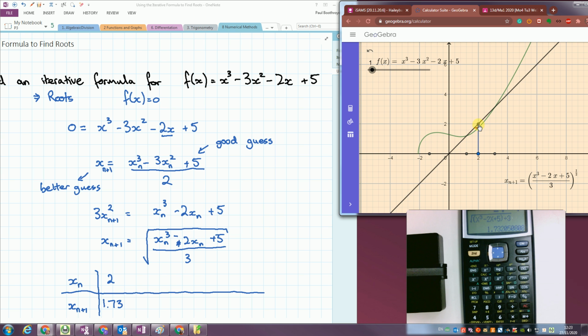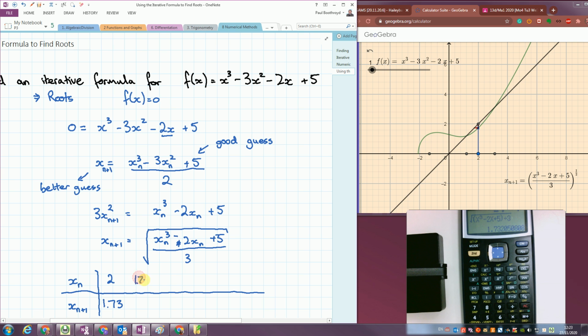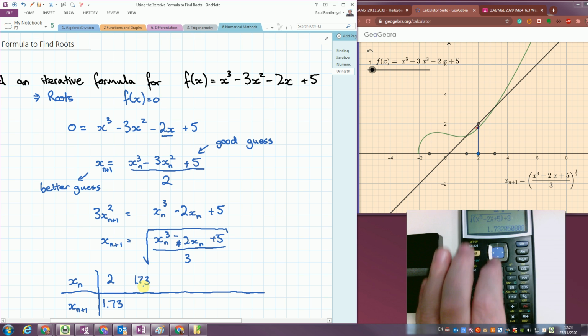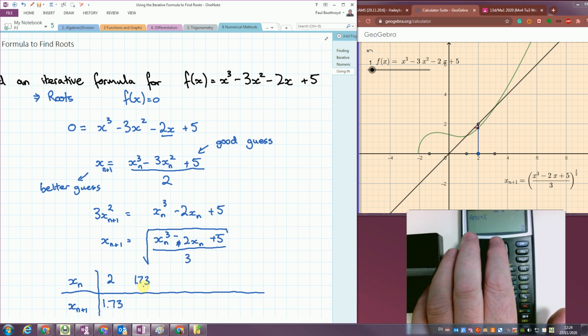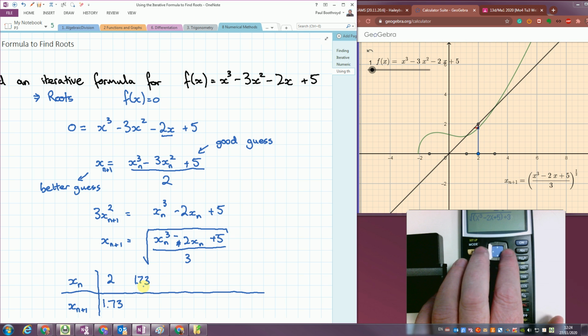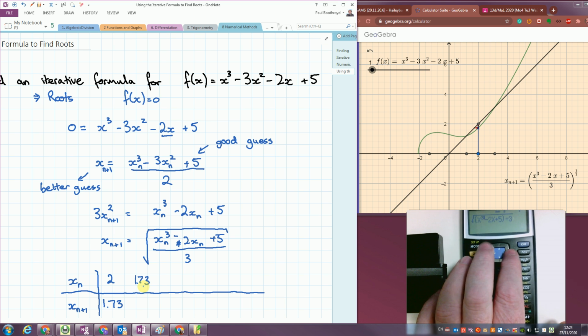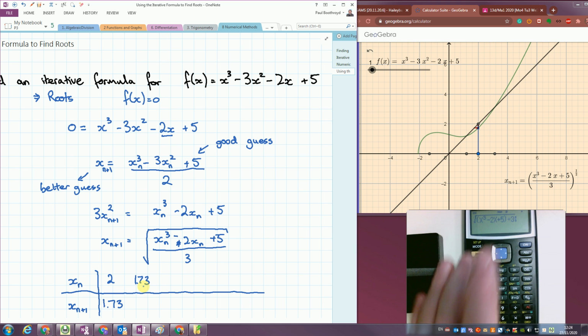Now what I've just calculated is we've just put in the value 2, and it's calculated the y value, and we're now going to choose that to be my next iteration value. So my next number now is 1.73. What I'm going to do on the calculator is take the formula and tell it, after each time I press equals, to store into my value x.